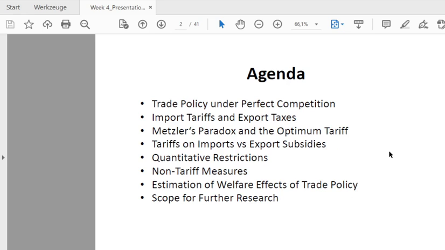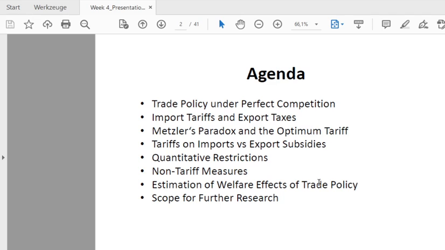The agenda shows an introduction into trade policy under perfect competition, and a long list of instruments that are used commonly in trade policy, like import tariffs, export tariffs, quantitative restrictions like quotas, export subsidies, and of course, it's common to divide the instruments of trade policy into tariffs and non-tariff measures.